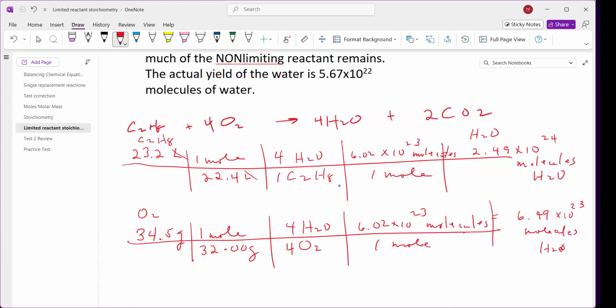So the amount of oxygen again limits the reaction. 10 to the 23rd is quite a bit smaller than 10 to the 24th.